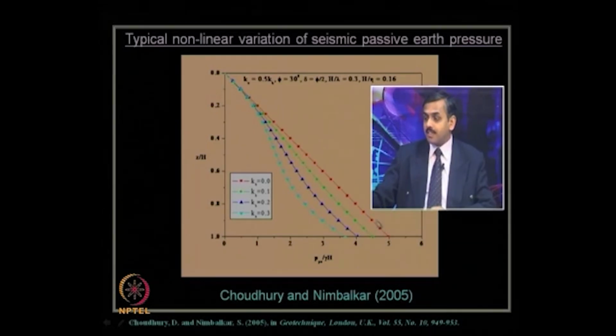So, that is what you see from the static case of this red line: as the seismicity increases from kh value 0 to 0.1, 0.2, 0.3 g, this value of passive earth pressure distribution under earthquake condition is also reducing. So, those are design values, and as the seismicity increases, the non-linearity of this variation is also increasing. So, that automatically shows that the point of application, which was in the static case at 1/3 from the base of the wall, is no longer at 1/3, but it is below 1/3 for the case of passive earth pressure.